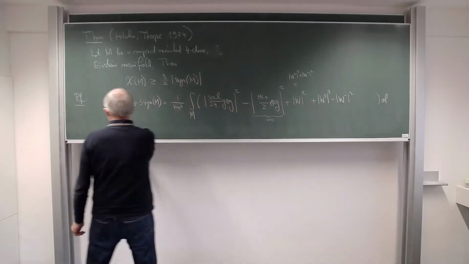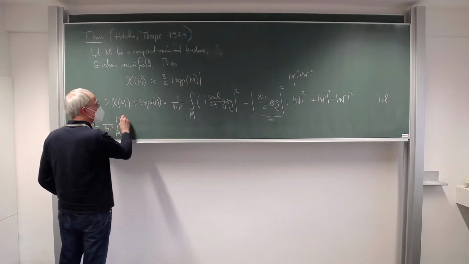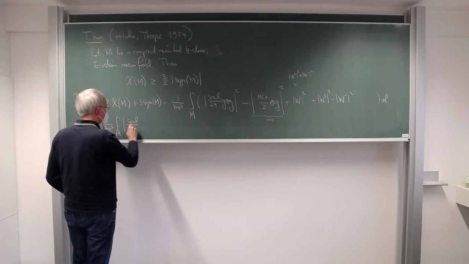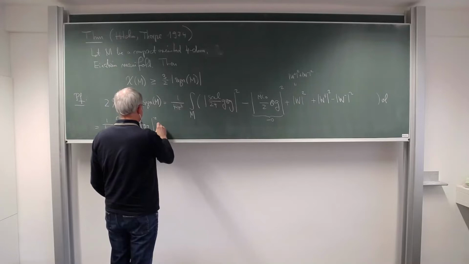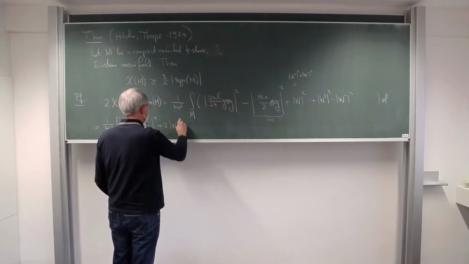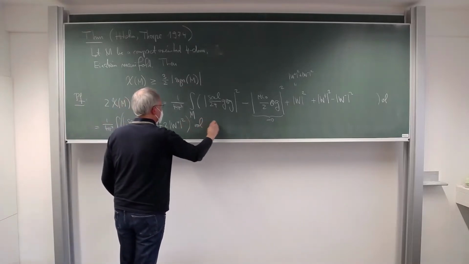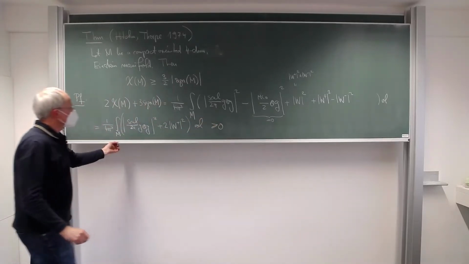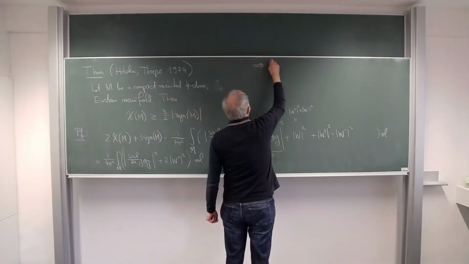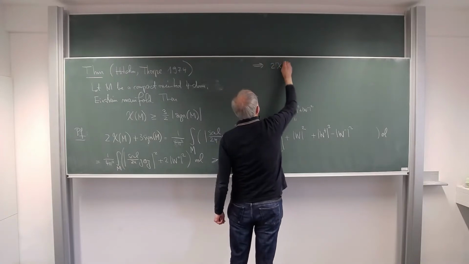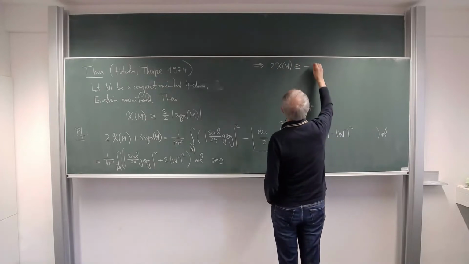So then we are left with 1 on 4 pi squared integral over the manifold of the scalar curvature term plus 2 times W plus term integrated, which is non-negative. And so this gives me that 2 times the Euler number is larger than or equal to minus 3 times the signature.